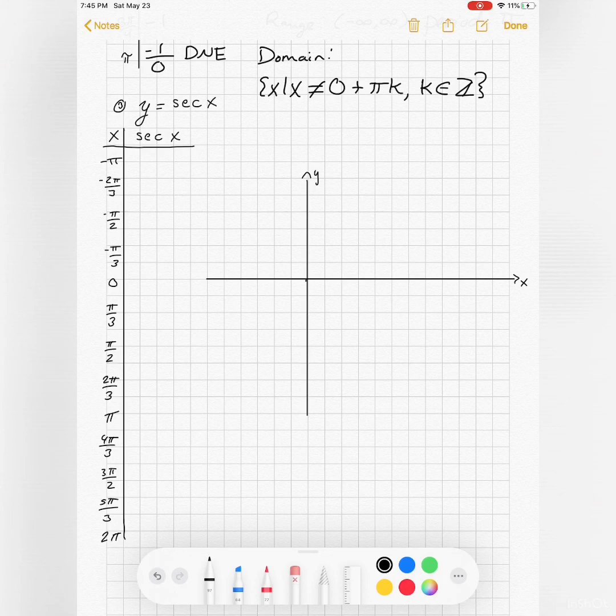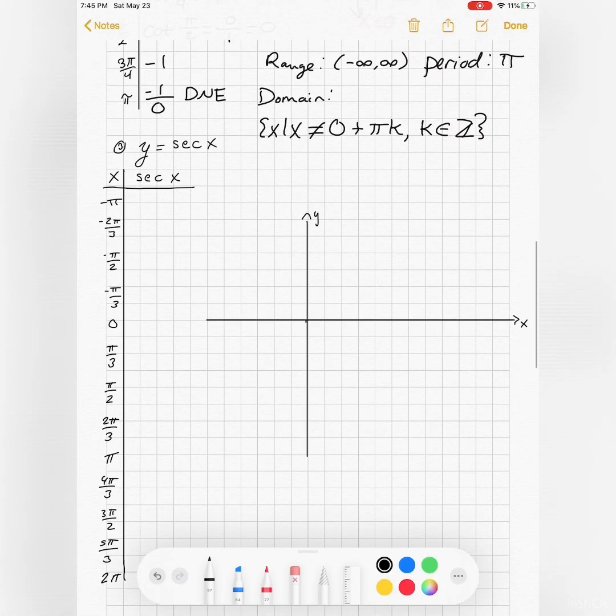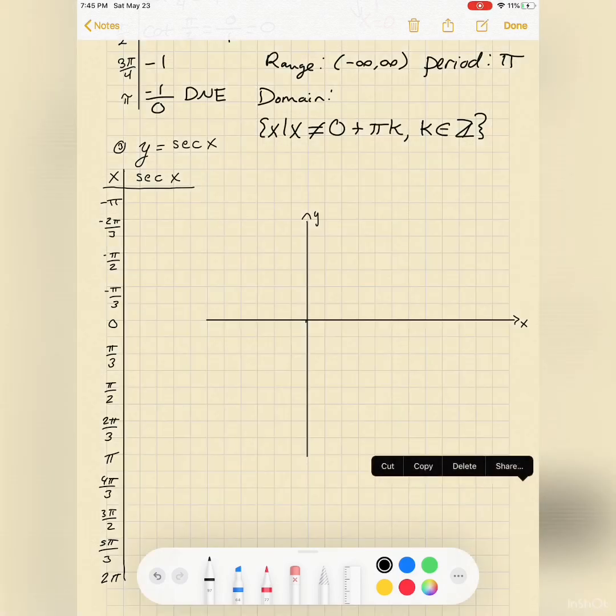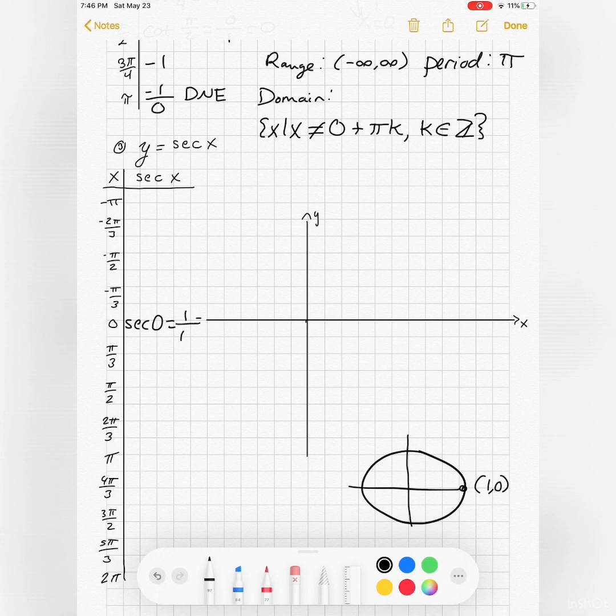Okay, what about secant? Alright, so same idea. I'll need a circle for reference. Secant is 1 over the x.